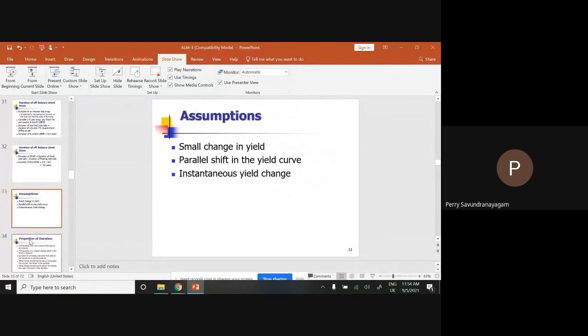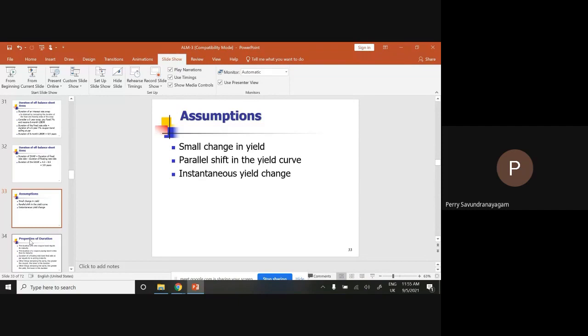Okay, so small changes in yield, parallel shift in the yield curve, instantaneous yield change. When you're making these calculations and taking DV01 and so on, you're assuming these are for small changes in yields. You're not taking, like, 3% changes in the yield curve. You're assuming the yield curve is changing in parallel.